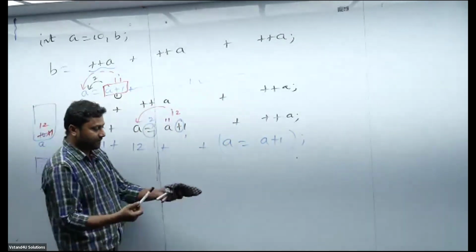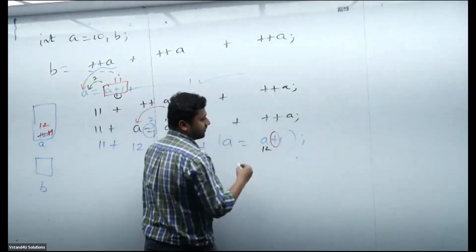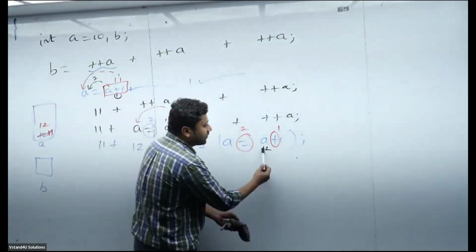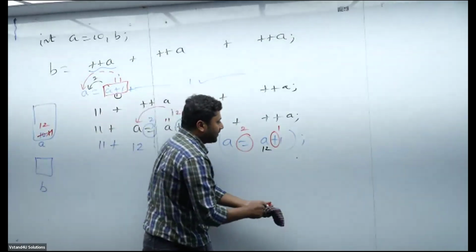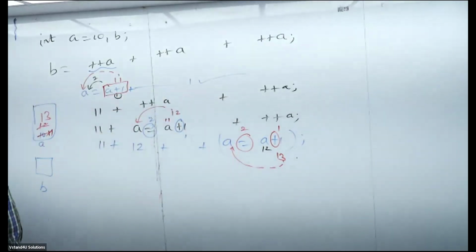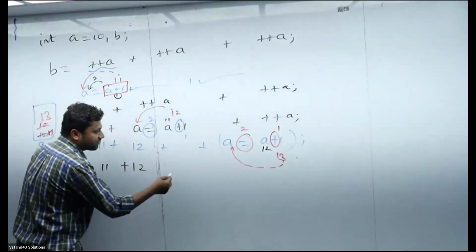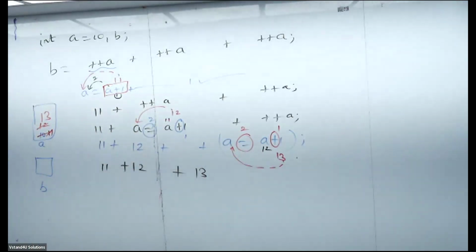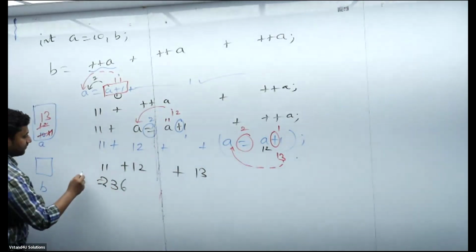Current value of A is 12, sir. But if you observe, first operation should be incrementation, second operation should be assignment. First you do incrementation to 13. That should be assigned to A. After incrementation, 13 has been assigned to A. So A has become 13. So already 11 plus 12 was there, plus this is entirely 13. Add, 36 will be assigned to B. B is equal to 36.